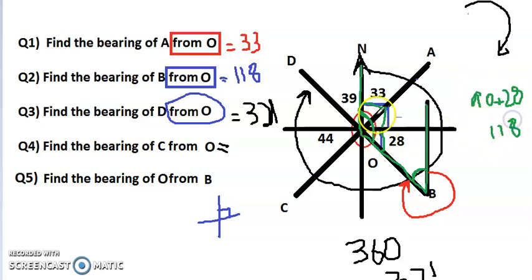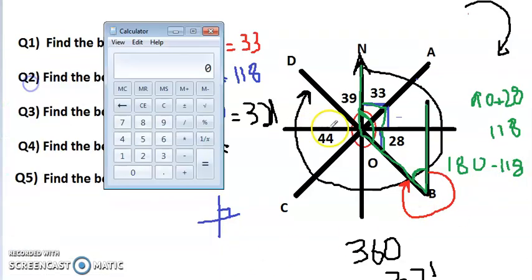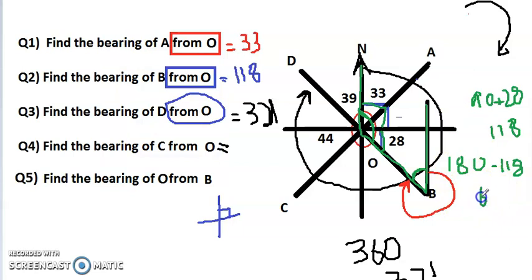This is 118 and the entire thing is 180. Therefore, in order to find this one, we'll simply do 180 minus 118, right? It's as simple as that. Go in the calculator, simply write 180 minus 118 and your answer is 62. So I'll just write 62 degrees. It's as simple as that. Just write 62 degrees and you're good to go.